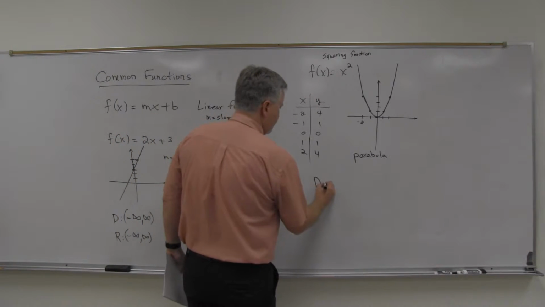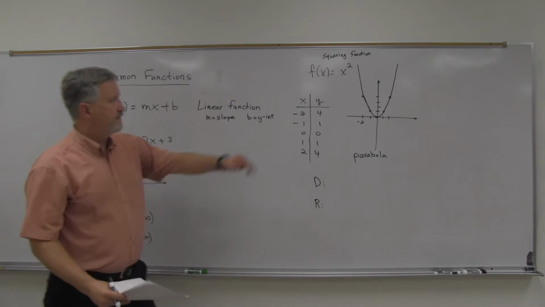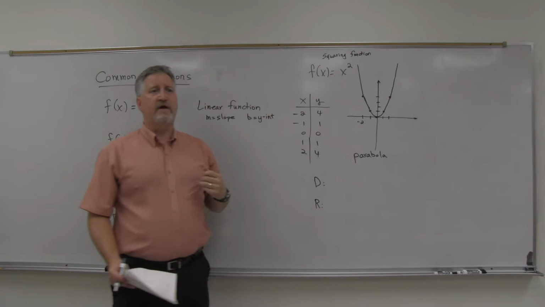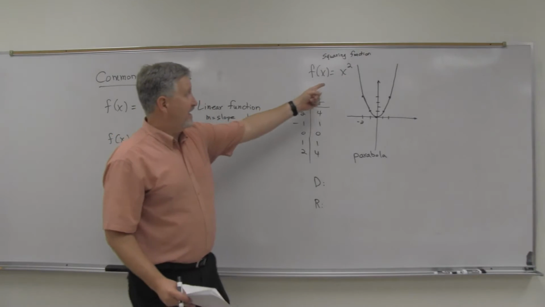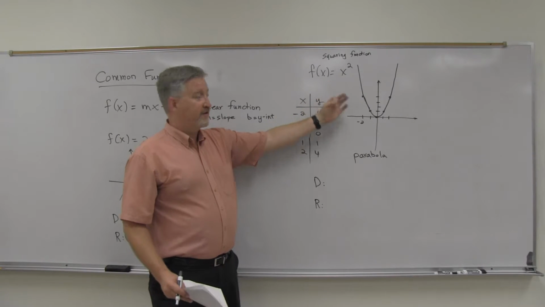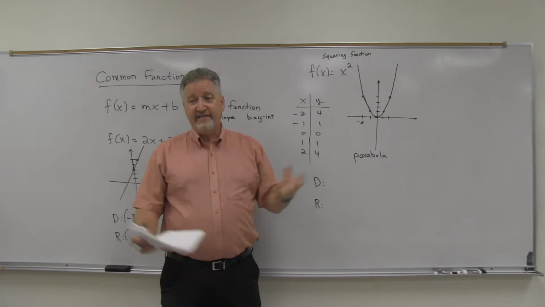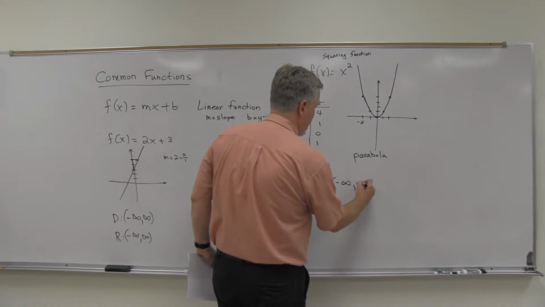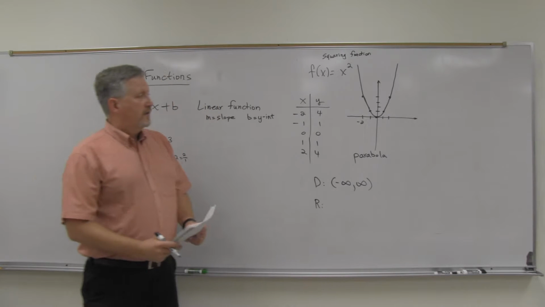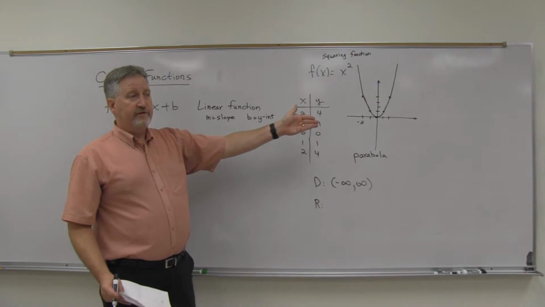Domain and range wise, what do we got? Well, since I have the function, when we're talking about the domain, the input values, x can be anything. I can input anything. Or if I look at the graph here, all the x's are covered by a point. x can be anything. And when you go to the range, a lot of times it's better to look at the graph.